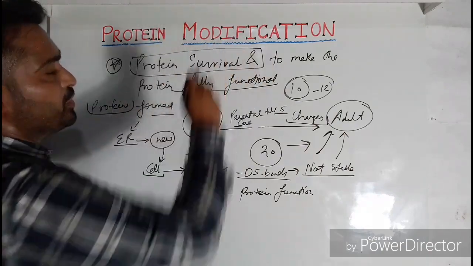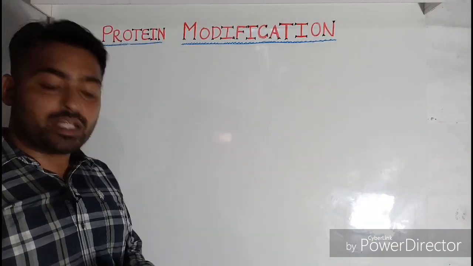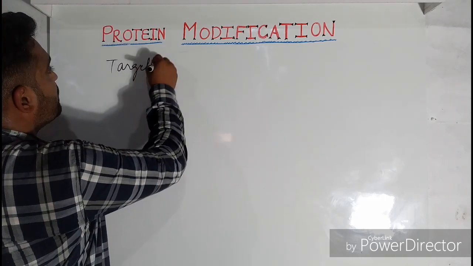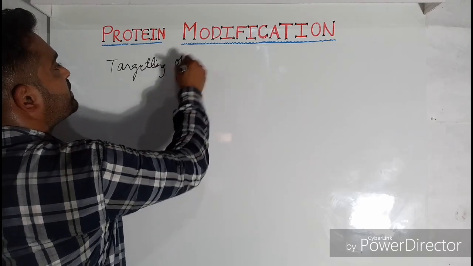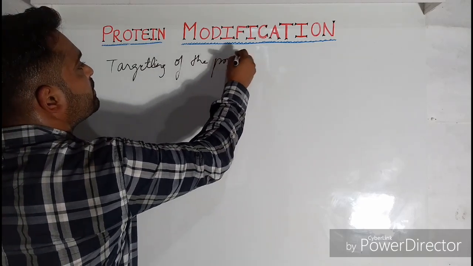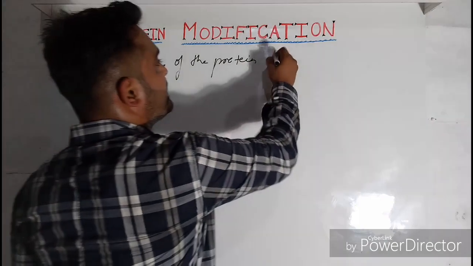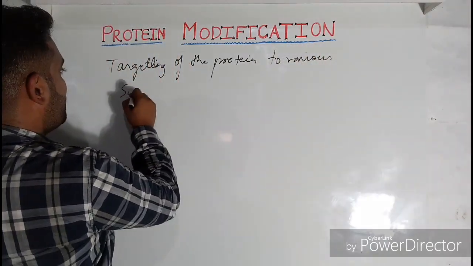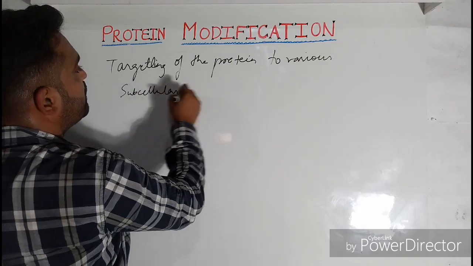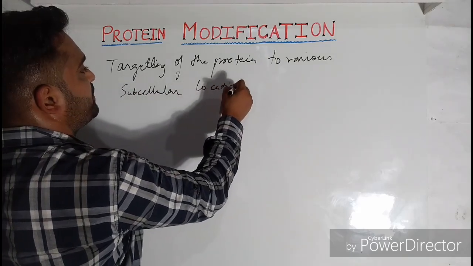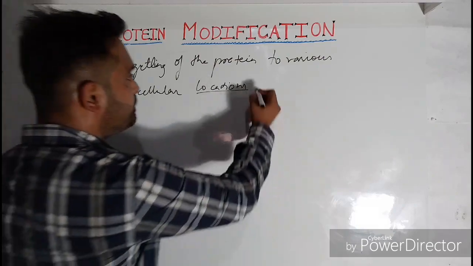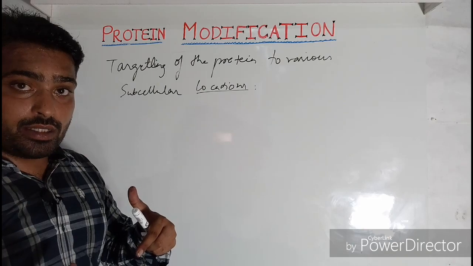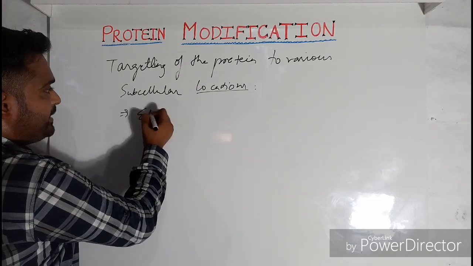So that is why we need modification. Another very important reason is targeting of the proteins to various subcellular locations or compartments or destinations, whatever you say. Till now, after the synthesis, the proteins are containing the ER signal.